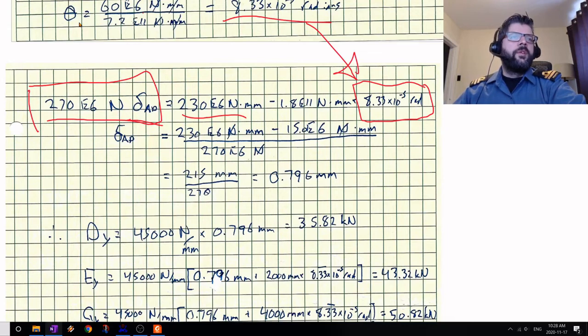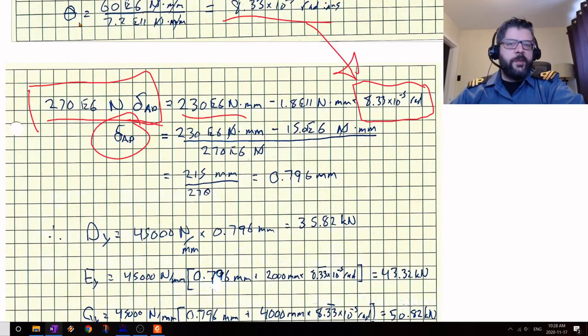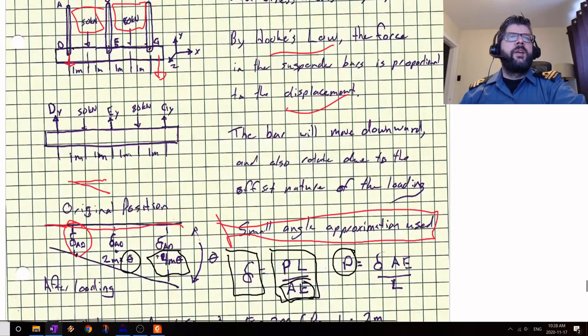So relatively simple from there to solve for delta AD, which gives us 0.796 millimeters. So when we load this thing up, the left side here is drooping down 0.796 millimeters.